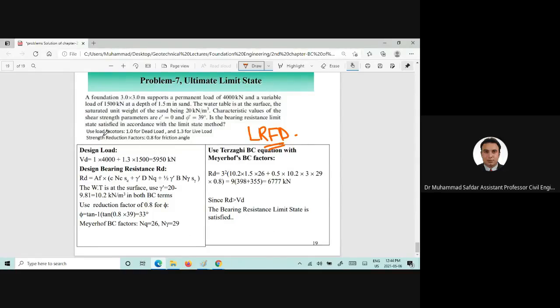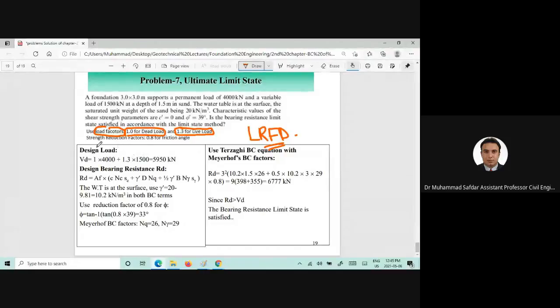We are given load factors, for example 1 for the dead load and 1.3 for the live load. Basically, we are increasing the live load. Whatever load is calculated by a structural engineer, he will increase by 30% for the design of the footing.